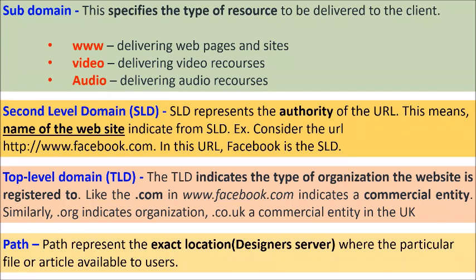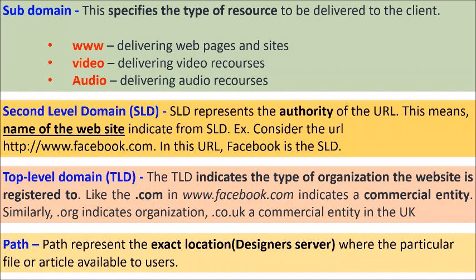Then the third part is the top level domain, that represents for which purpose that particular URL is published to the internet. By looking at the top level domain, we can identify the purpose of that particular website.